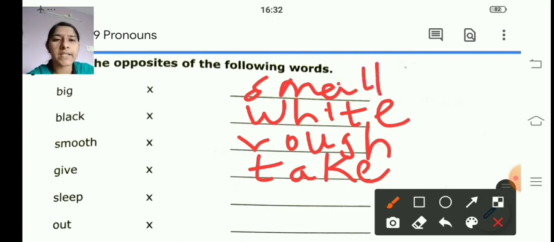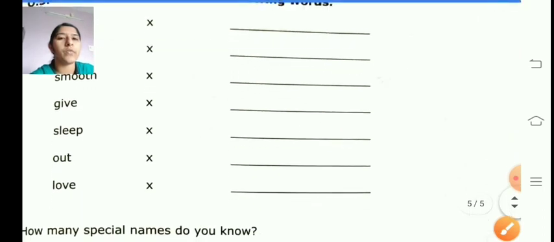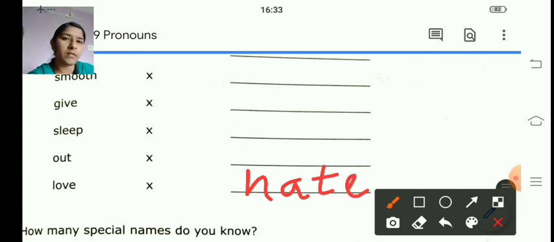The next is sleep, awake. If you are not sleeping, then we can say we are awake, right? Sleep, awake, right? The next one, out, in. So these are the answers for the opposites. Love, hate, right? So with this we are completing the opposites here, right?